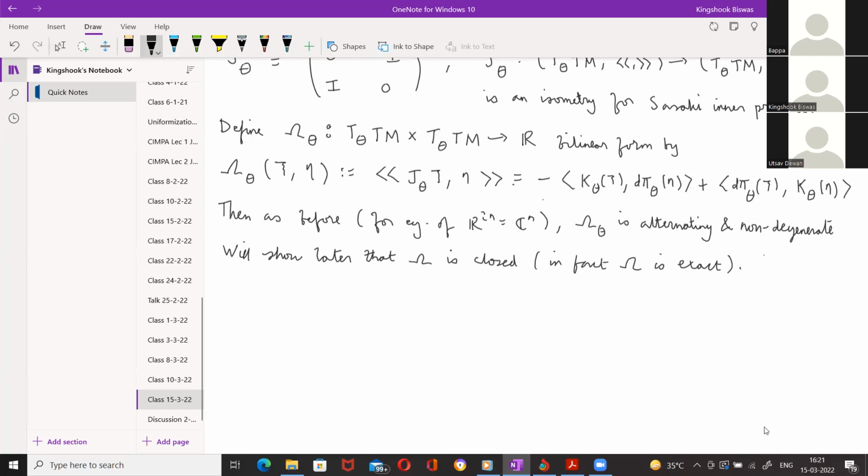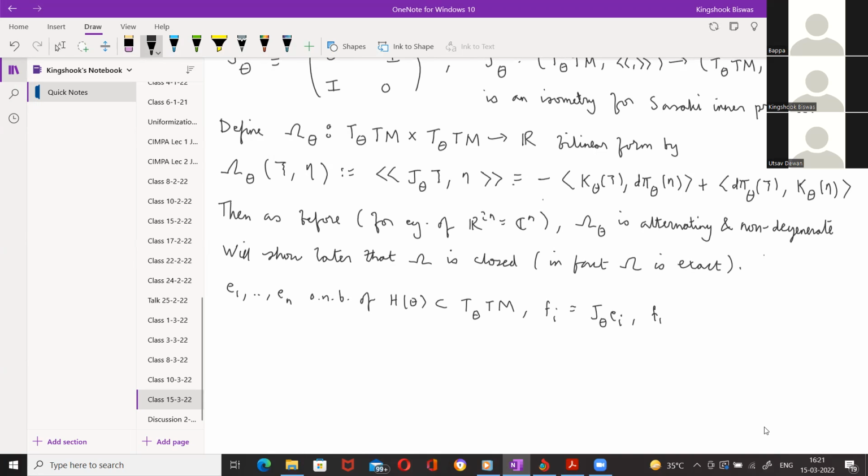if I take E1 to En, let's say an orthonormal basis of H theta, a subset of T theta TM, and I take Fi to be J theta of Ei.